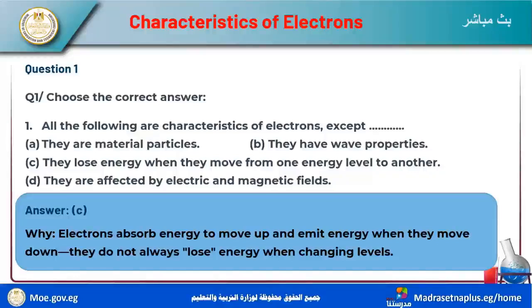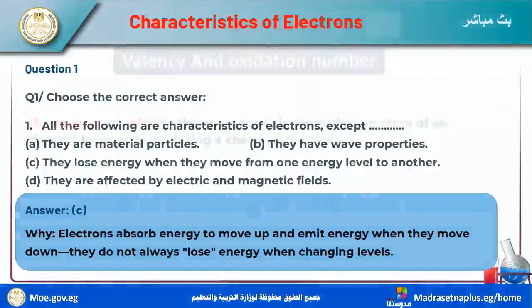They are affected by electric and magnetic fields. This is correct. But C is incorrect, because they don't always lose energy when they move from one energy level to another. This is the incorrect statement, but it is the correct answer in these choices and this question.